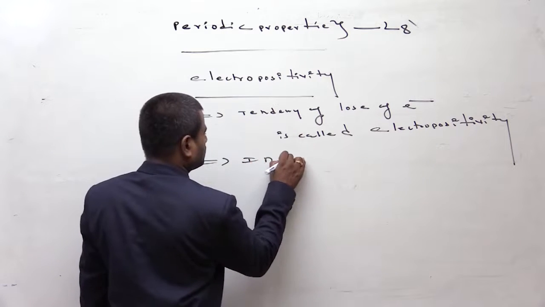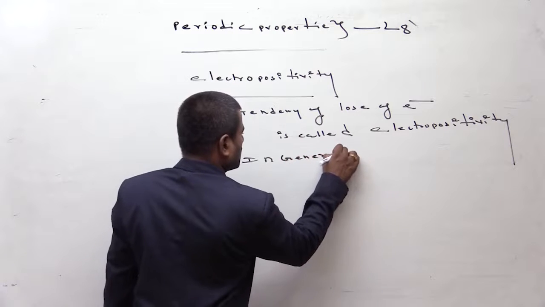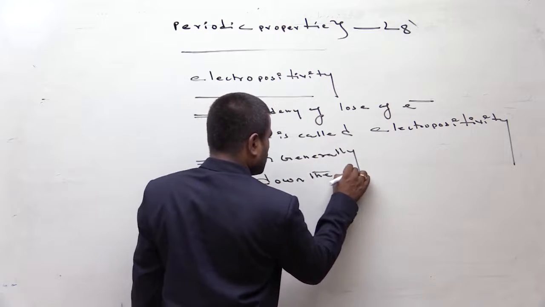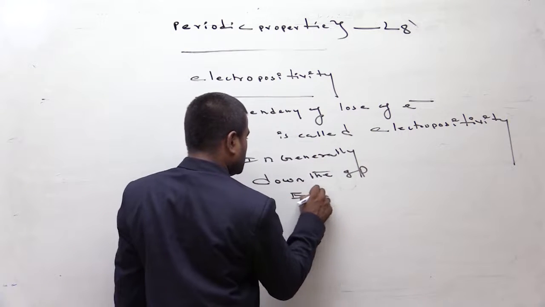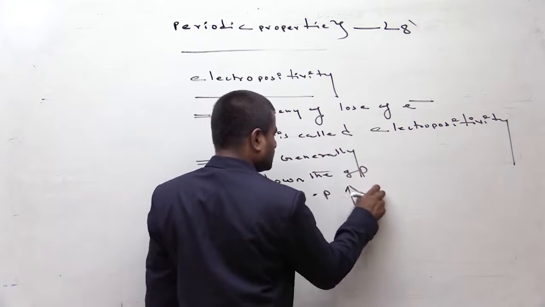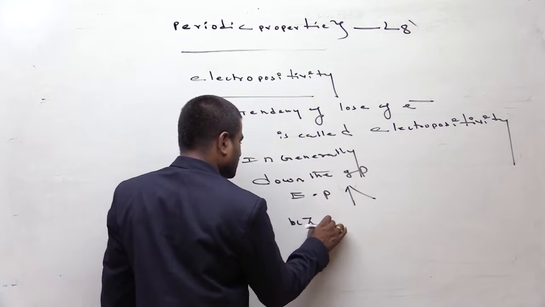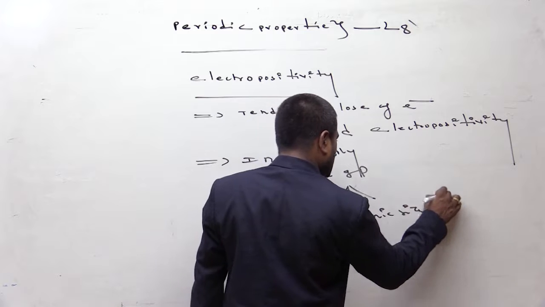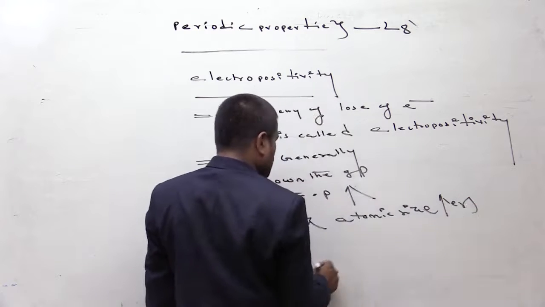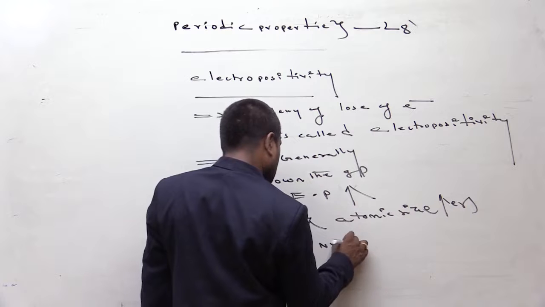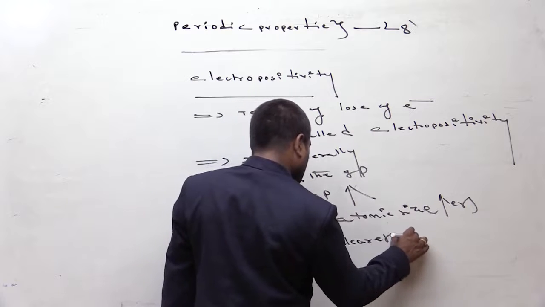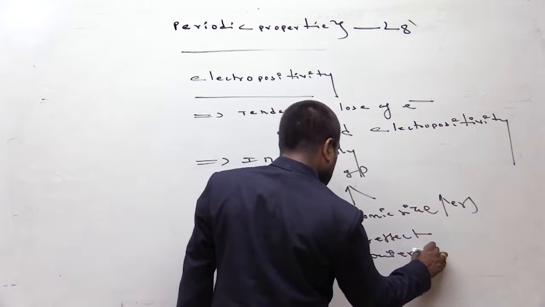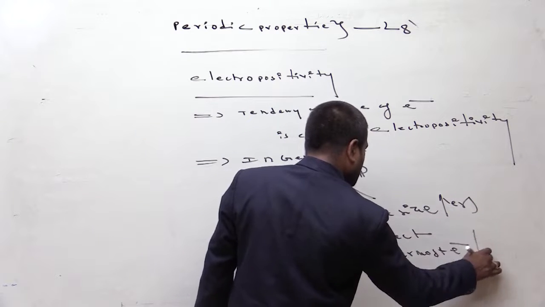In general, down the group electropositivity character increases because atomic size increases, and the nuclear effect on the outermost electron decreases.